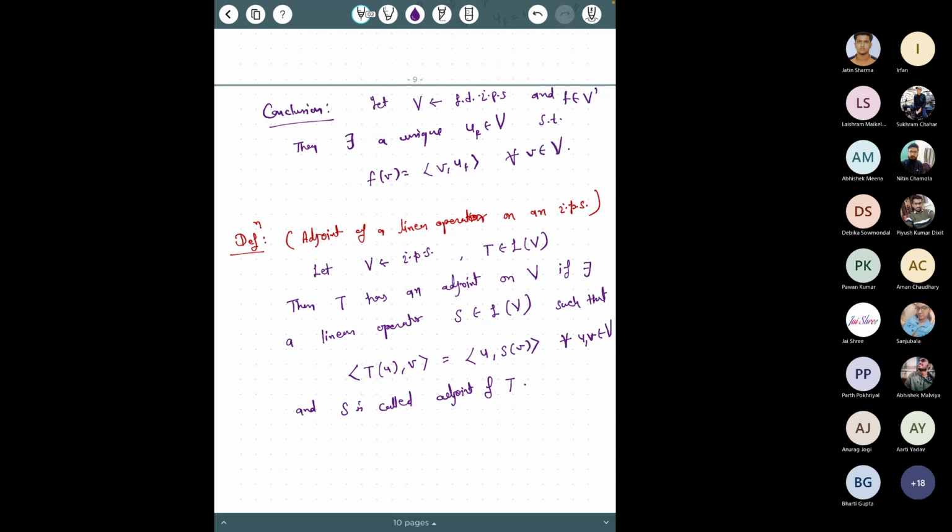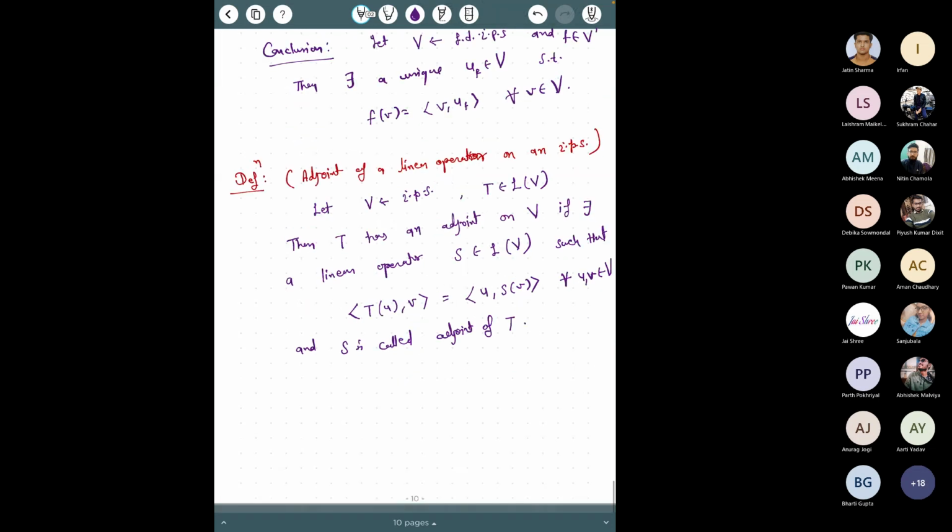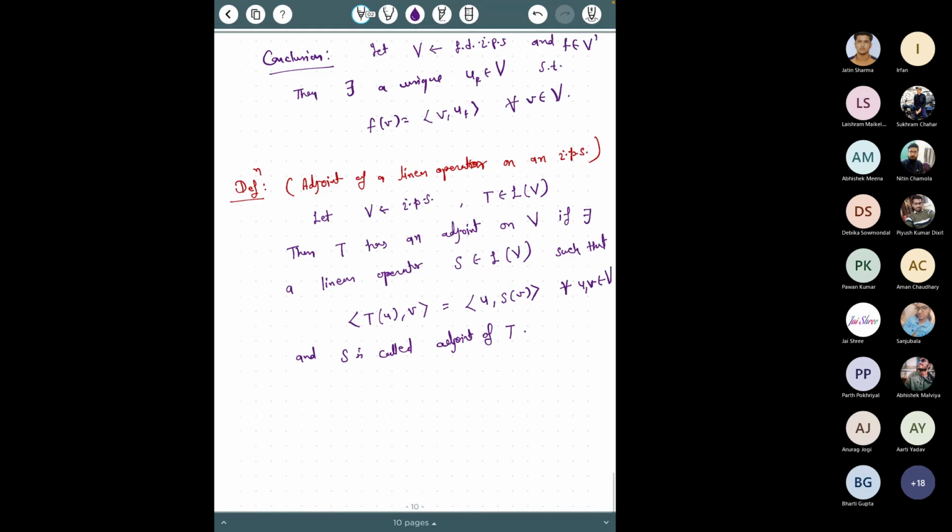We'll see whether the adjoint is unique or not next. So this is the definition, and we are not talking about the existence of an adjoint at this point. We don't know whether the adjoint of a linear operator exists or not. But if it exists, it is unique. There cannot be two adjoints of a linear operator. So if T has an adjoint on V, then it is unique.